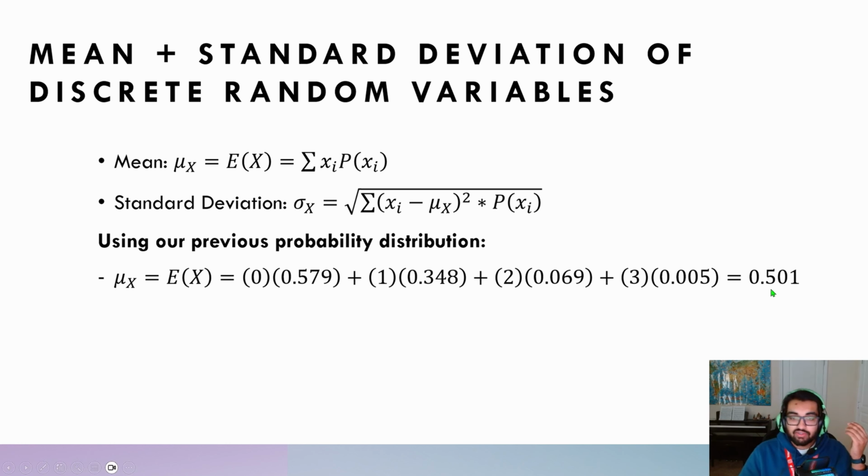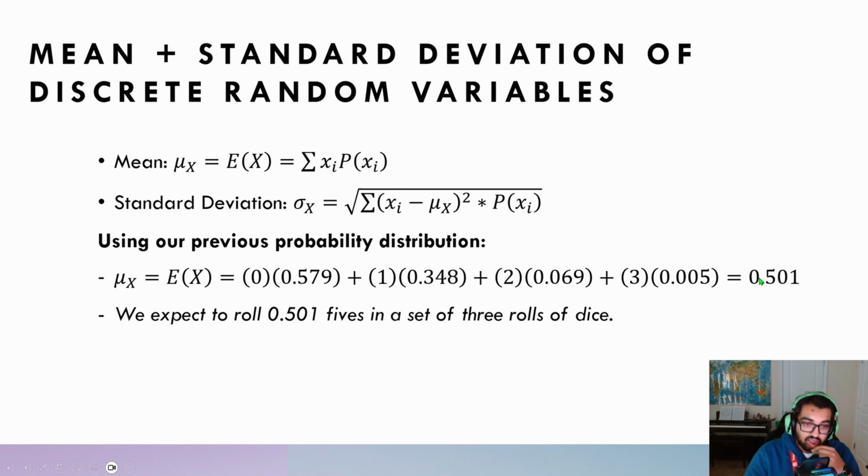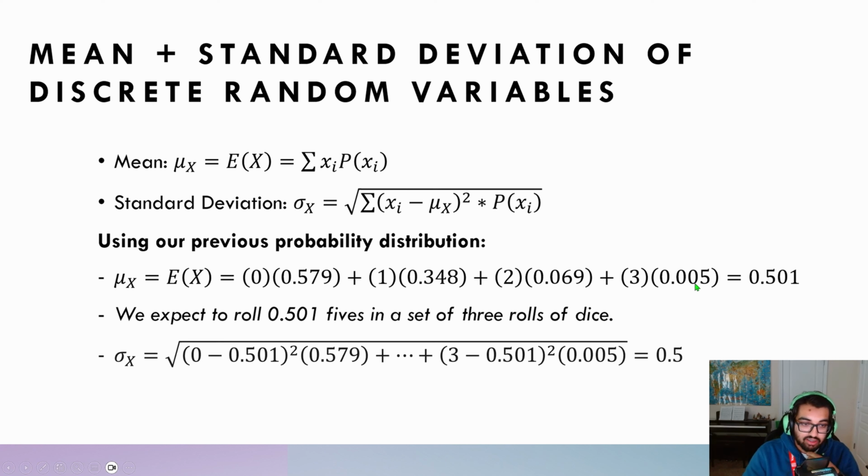The mean of rolling a 5 in 3 tries is 0.501. So we take none times the probability of none, take once times the probability of once, we take twice times the probability of twice, we take thrice times the probability of thrice, and that's what we get here. So we say that we expect to roll 0.5015 fives in 3 rolls of the die.